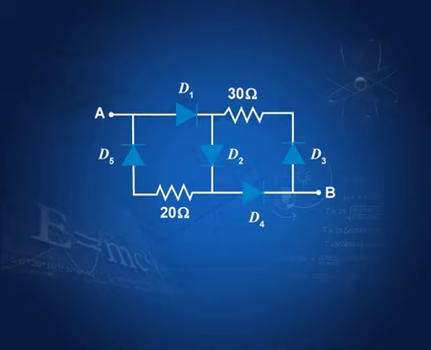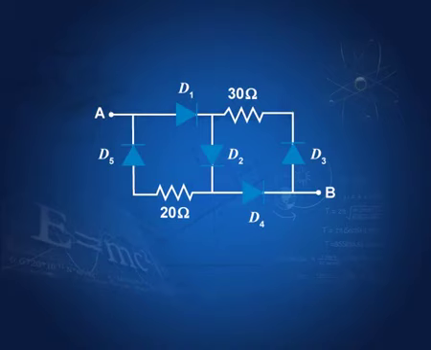So, if this is at a higher potential than this, then the current goes through D1, D2, D4 to B, and the resistance in the circuit is almost 0 because these are assumed to be ideal diodes with almost 0 resistance in forward biasing. Now, suppose this is at a higher potential than A, then what will happen? The current will go through this, through the 30 ohm resistor, then through D2, through the 20 ohm resistor, and then through D5.